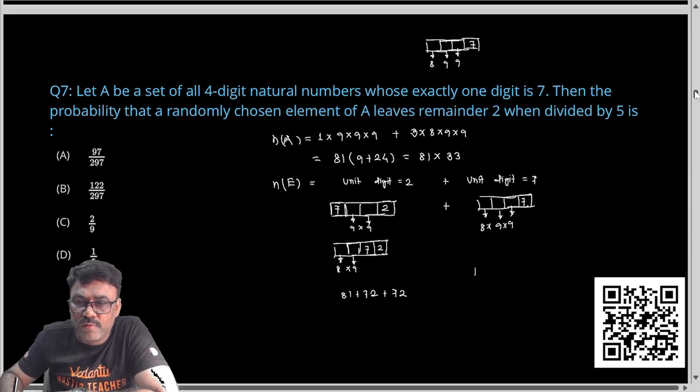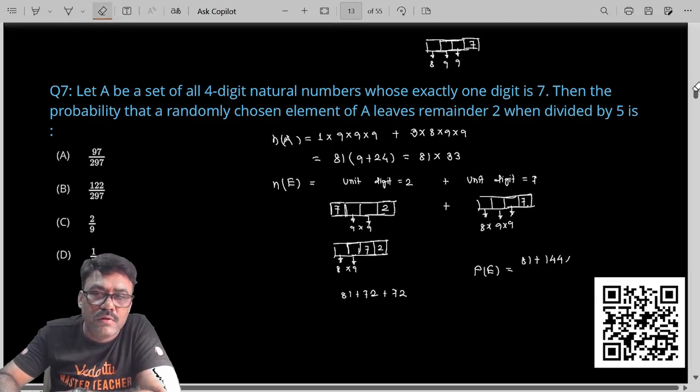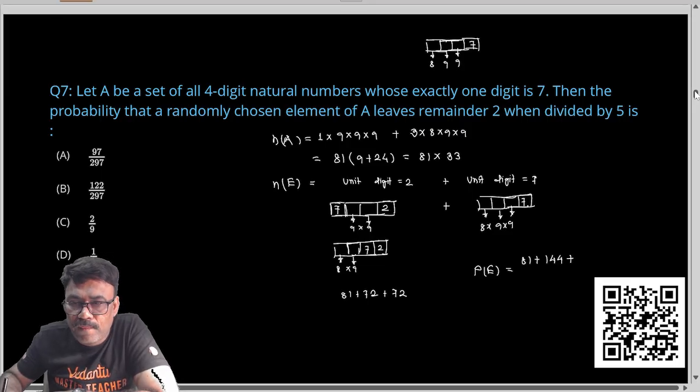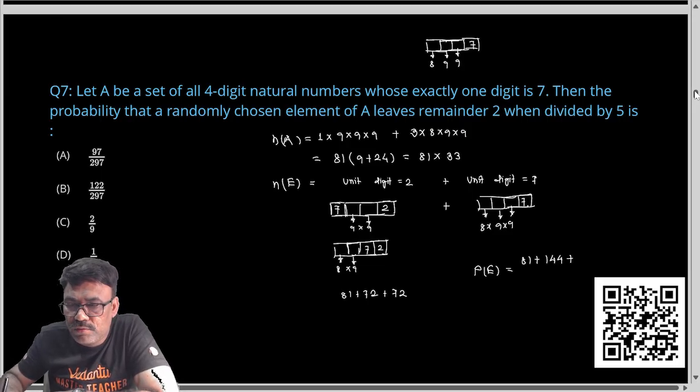So what will be your probability? Probability will be 81 plus 72 plus 72, 144, plus 9 into 8 into 8, which is 81 into 8, divided by 81 into 30.